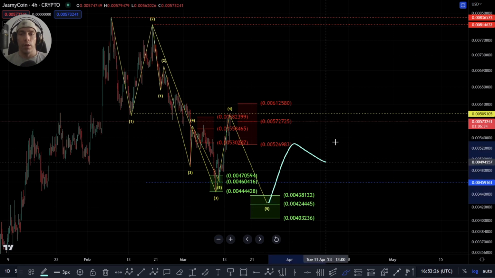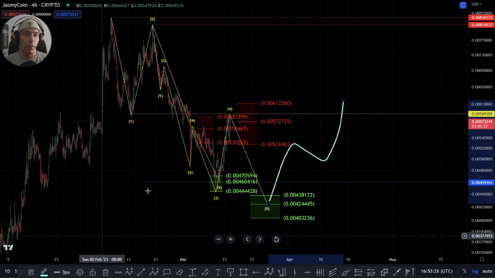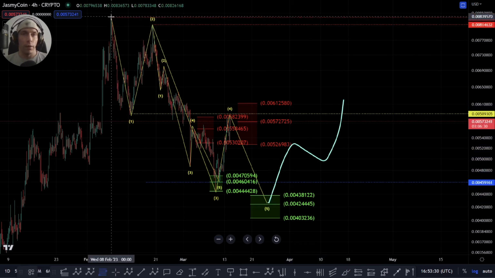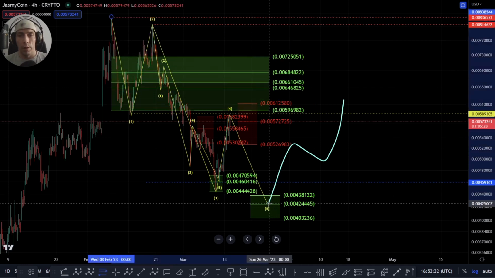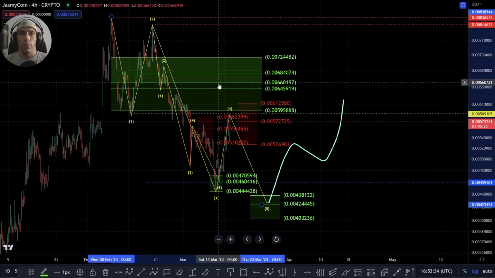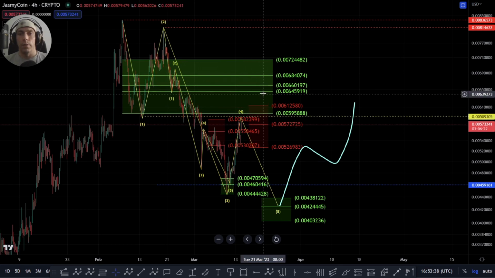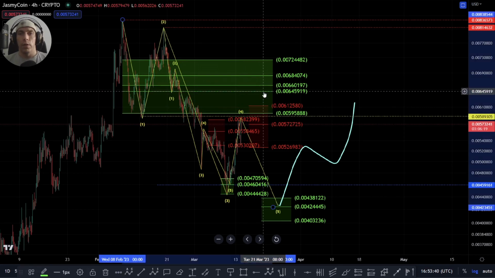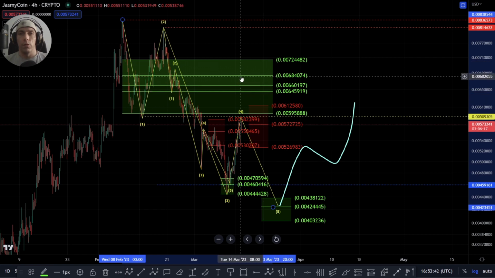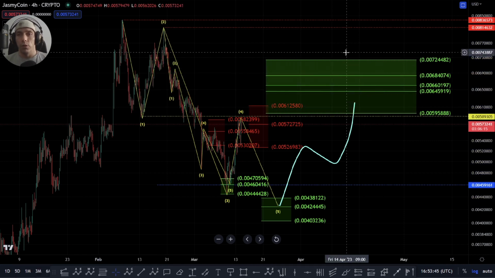If we completed in that box area, we'd be looking potentially for a rejection in this zone of this 0.595958 to this area of this 0.07244. So we need to be cautious on the move up here.